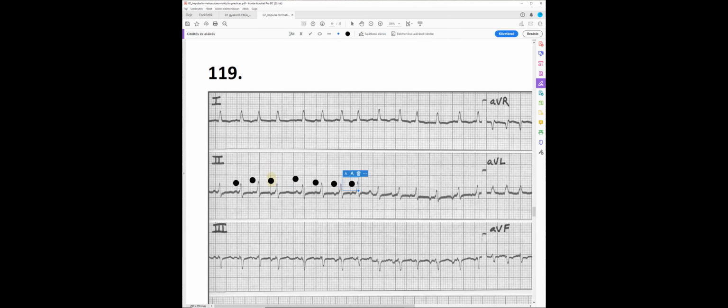Look at the P waves. There are P waves in front of the QRSs. However, they are not the same. So, what does it mean?